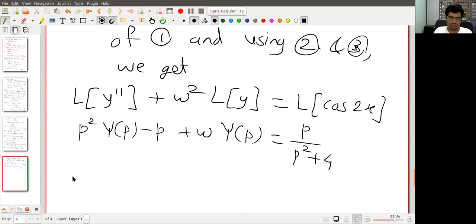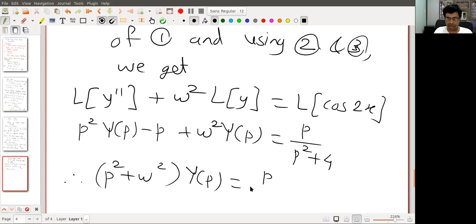Okay, so therefore p square plus omega square into Y of p equal to p divided by p square plus 4, and this minus p we add on both sides so that it is plus p.